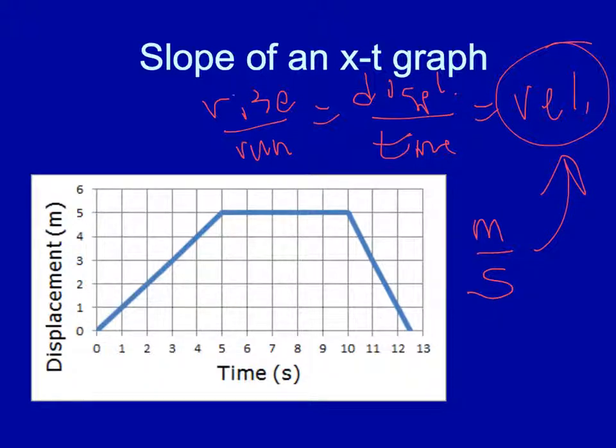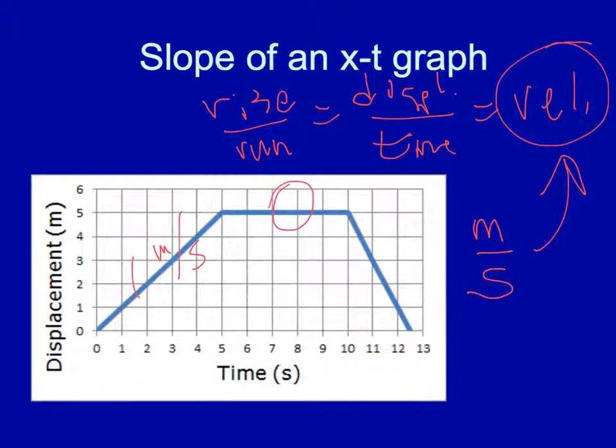So therefore you can take a look at what it is. For example, for the first segment, your rise is 5 meters divided by your run of 5 seconds. So your first one is 1 meter per second. This one has no slope, therefore it's 0.